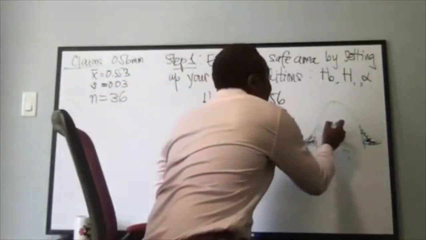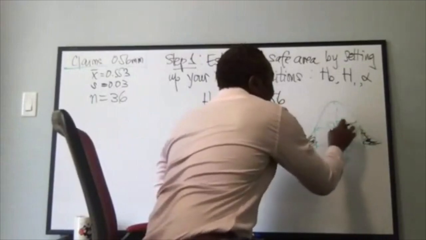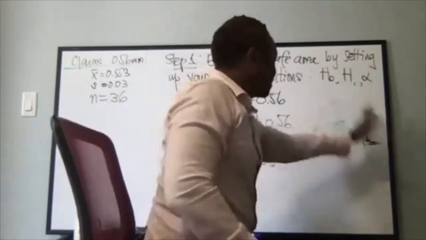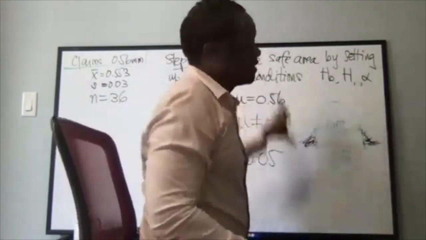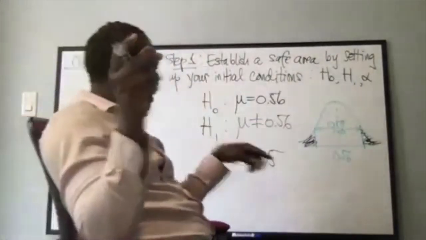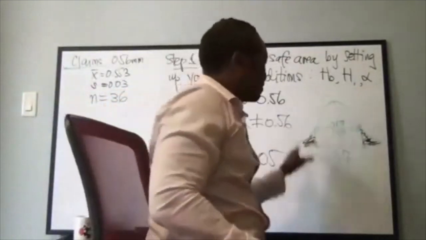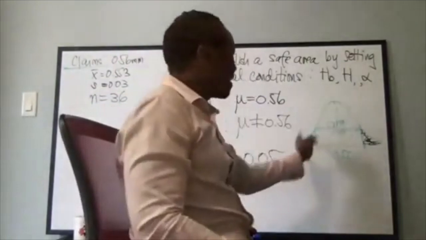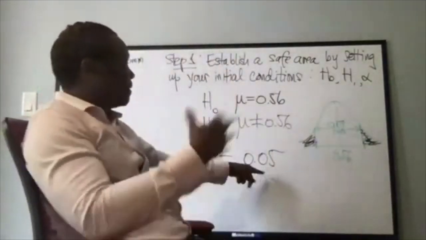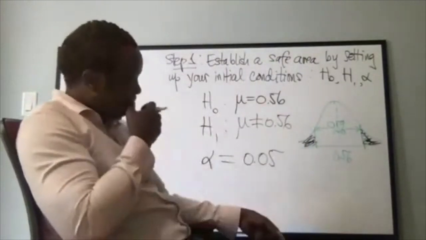So all of this inside of here that's left over, this 95% plus this 5%, represents all of the data underneath the curve, which is 100%. But be careful here. It's not 5 here and 5 here. These two together are 5. So it's like 2.5, 2.5 right here. I'm saying 0.05 as a decimal, but as a percent, it's 5%.